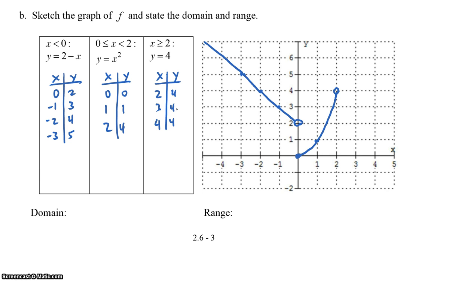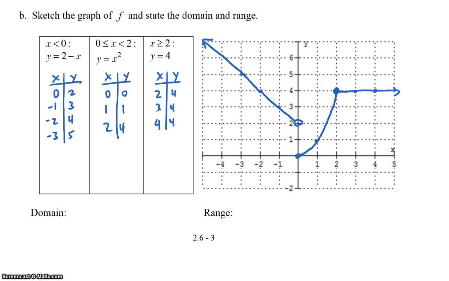Now, 2, 4 would basically fill in the point that was left open from the previous part. Then we have 3, 4, and 4, 4. And you can see it's just going to be a horizontal line that extends to the right. I'll put an arrow there. I'll put an arrow there as well to show that those parts of the graph continue indefinitely to the left and to the right.